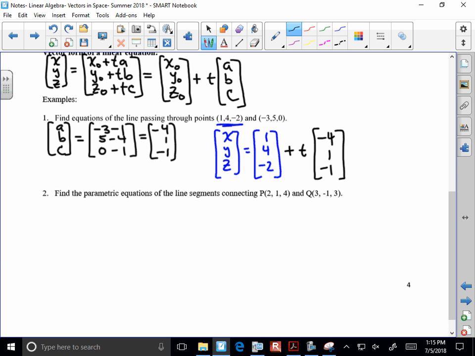Okay, and you could write them out separately if you want, but you could verify. You plug in a 1 for t. 1 plus 1 times negative 4 is negative 3. 4 plus 1 times 1 is 5. Negative 2 times 1. I wrote it wrong.